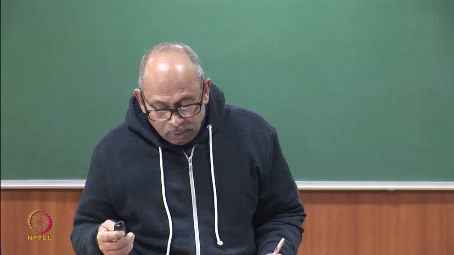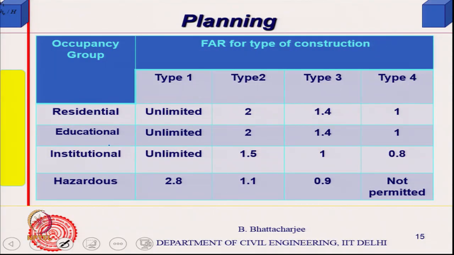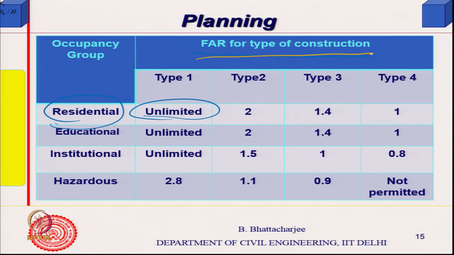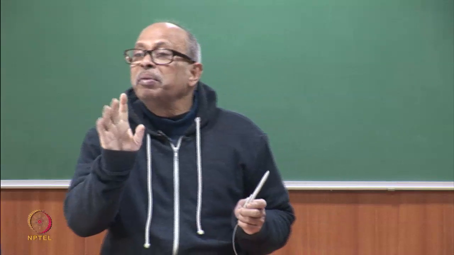Now, based on this, what is done? It gives you a floor area ratio. So, for example, for occupancy group residential, it says if it is type 1 construction, it does not put a restriction on FAR, only from this consideration, while from other considerations you will have FAR restrictions.